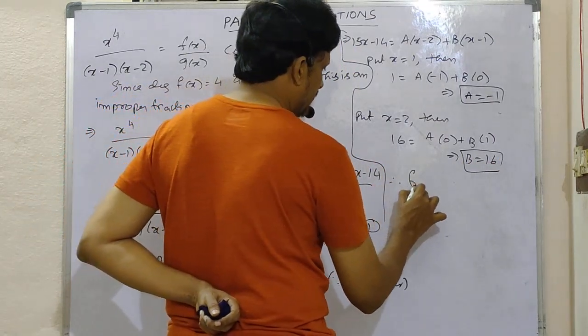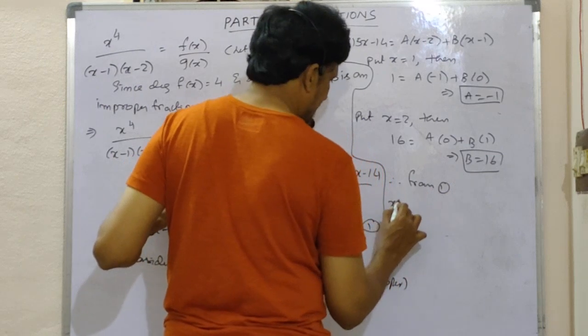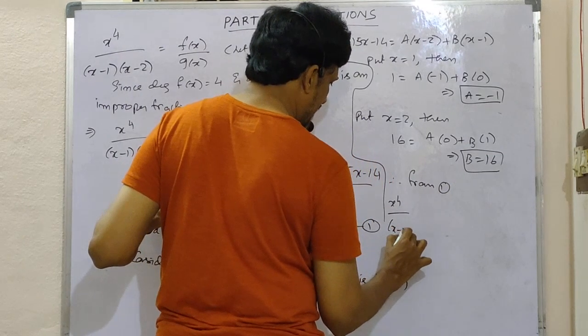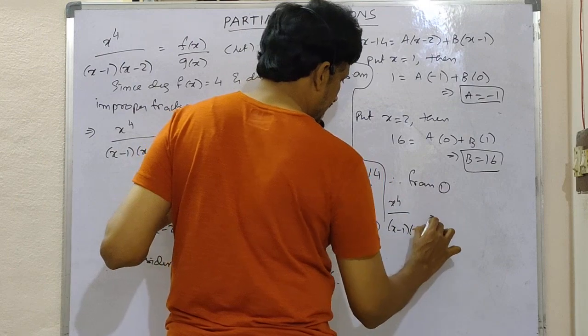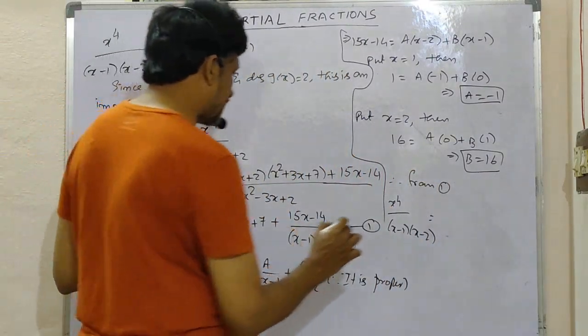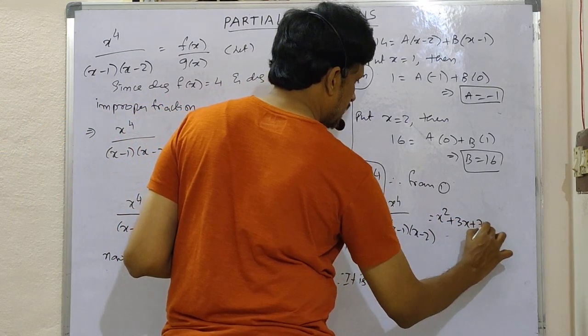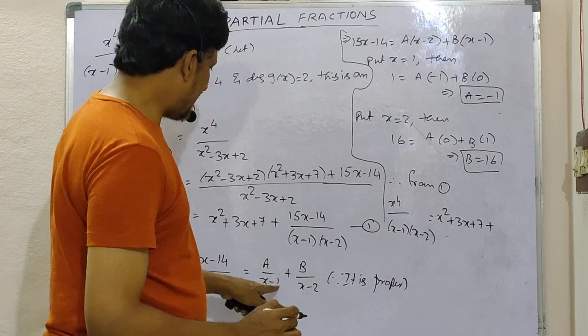Therefore, from the first equation, the given fraction, that is x power 4 by x minus 1 into x minus 2, can be expressed as the sum of partial fractions like this. Here the first part is x square plus 3x plus 7 plus a by x minus 1.